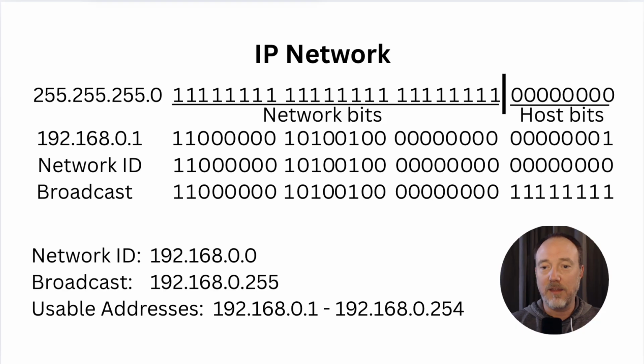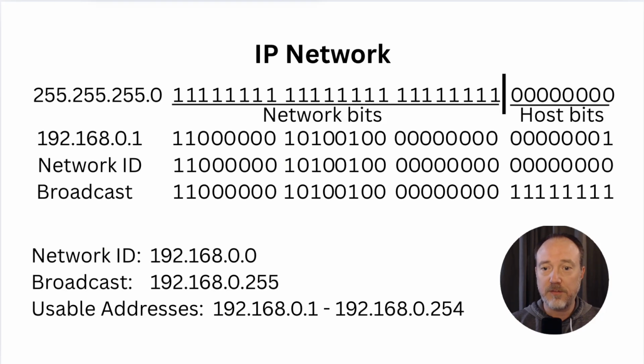In this example, it's an easy one to look at, and this is a good place to start because when we look at the binary, you can see how the breaks happen on the octets. In the subnet mask, where we flip from the 1s to the 0s happens right between the 3rd and the 4th octet. So it's very intuitive to separate that last octet off and know this is where hosts come from.